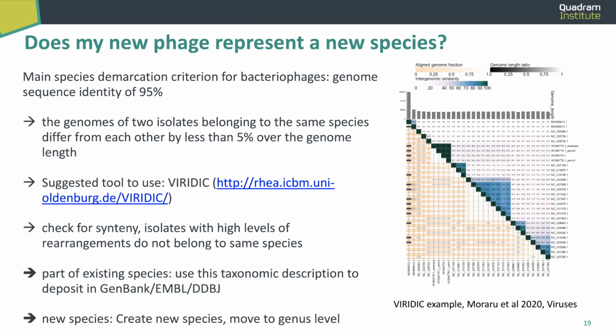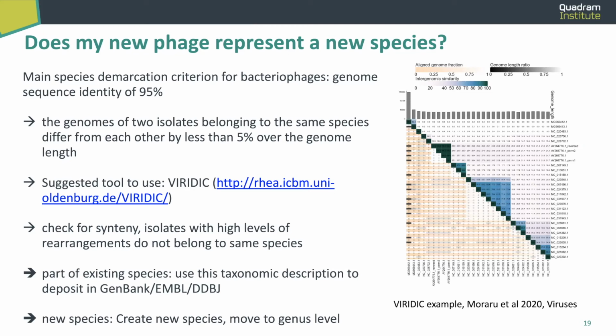This is a tool that looks pairwise at how related two phages are at the nucleotide level, and our current species demarcation criterion for bacteriophages is that they need to share at least 95% of their genome over the whole genome length, meaning that genomes of two isolates belonging to the same species differ from each other by less than 5%.